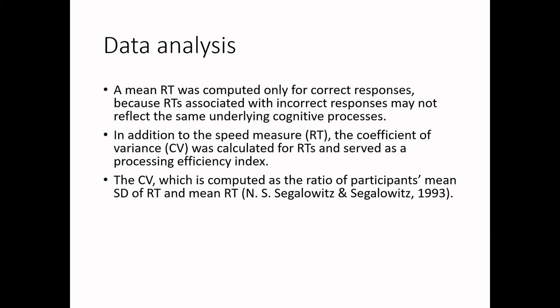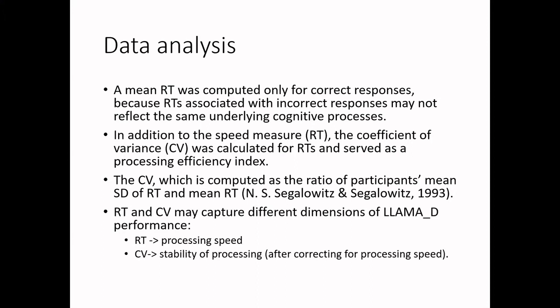The CV is computed as the ratio of the participant's SD of RT and mean reaction time. This CV may be similar to reaction time, but they should capture different dimensions of LLAMA-D performance. Broadly speaking, reaction time is an indicator of processing speed. On the other hand, CV indicates more like a stability of processing after correcting for processing speed.